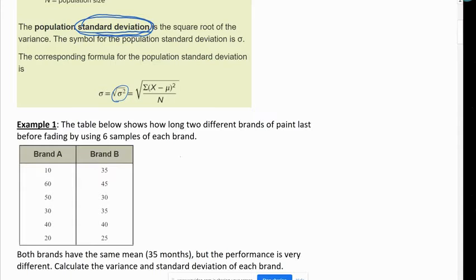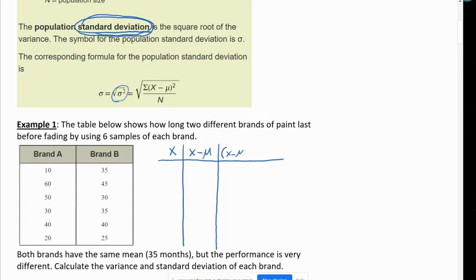Okay, so what we're going to do for this is we're going to have a list of our variables, and then what we have to do is x minus mu, which is the mean, or the average, and then we're going to square it.